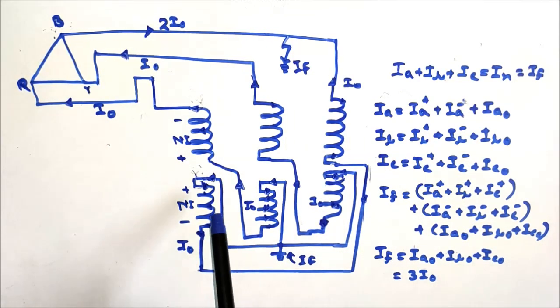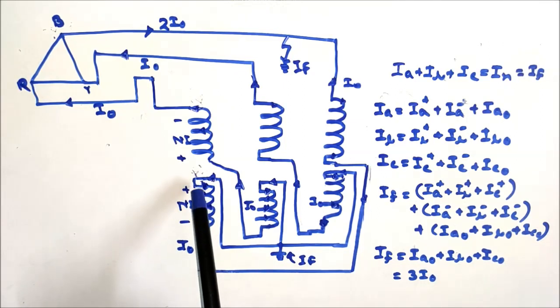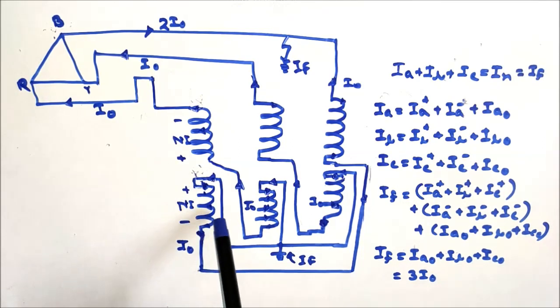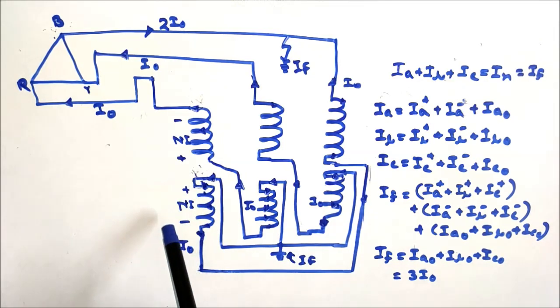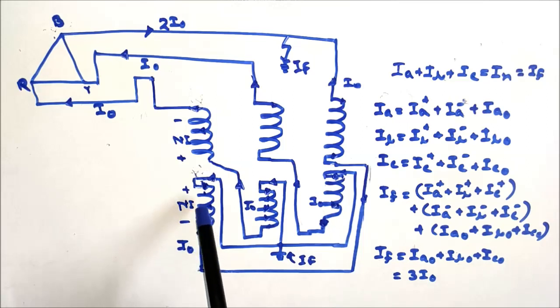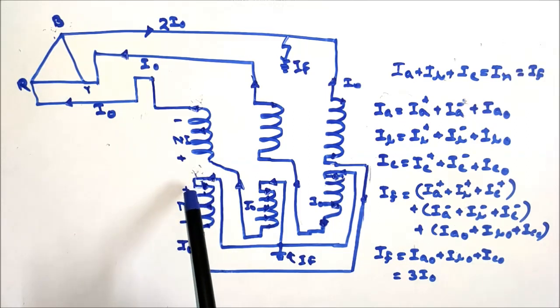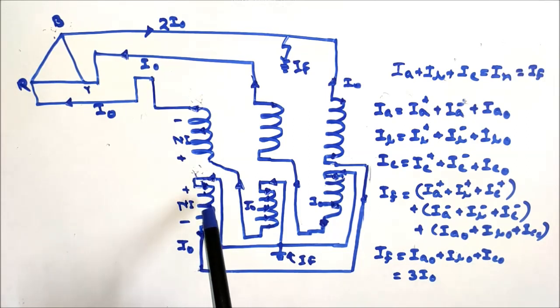Now, due to the flow of I0 current from left to right direction in the first limb, in the outer winding or zag winding, the ampere turn produced will be Ni, that is the positive direction, and this is the negative direction, and the flux generated will be in the upward direction in the core.